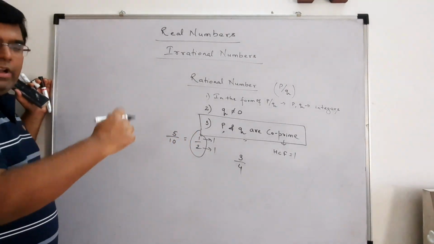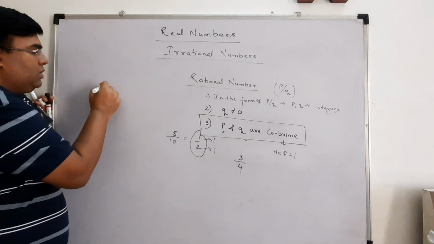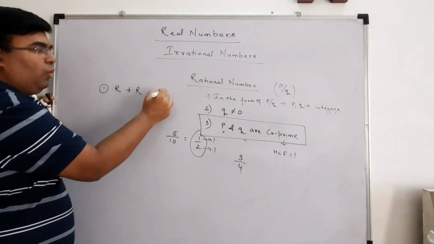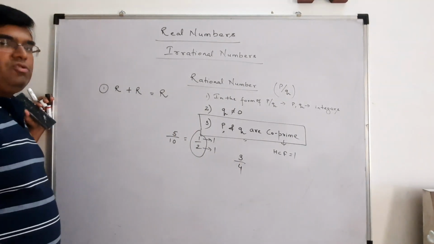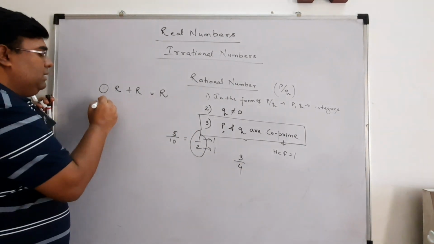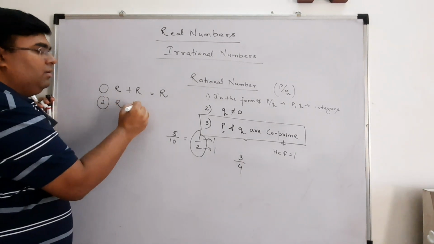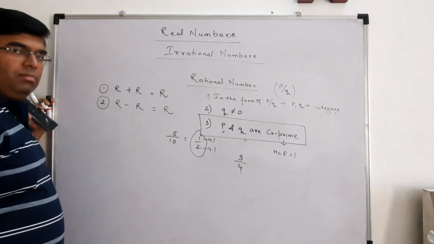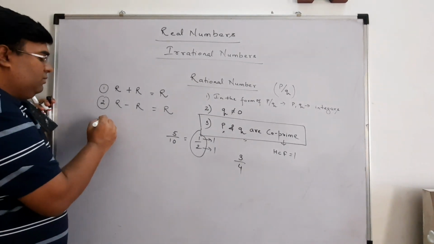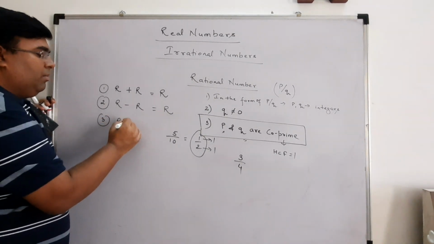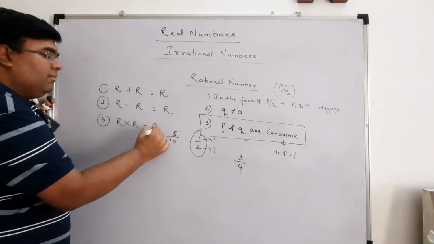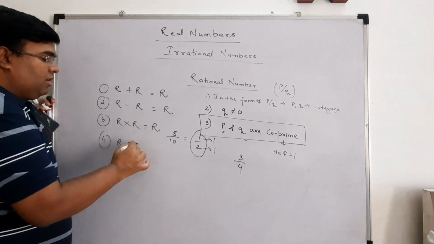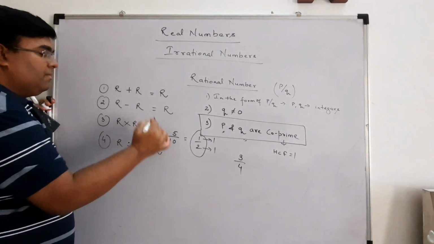Now the properties of rational numbers: first one, rational number plus rational number will always give you a rational number. Similarly for subtraction, rational number minus rational number is always a rational number. Rational number multiplied by rational number is again a rational number, and rational number divided by rational number is also always rational.